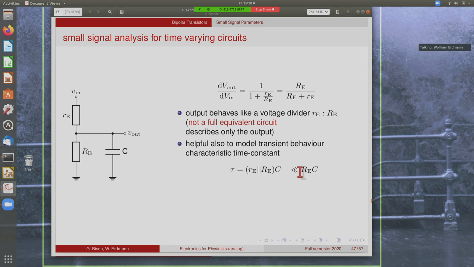This is typically much smaller than the load resistor alone would give, so it suggests that such a circuit with a transistor is much faster than just the RC time given by the load resistor itself.